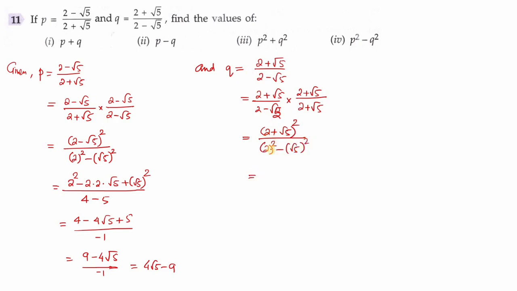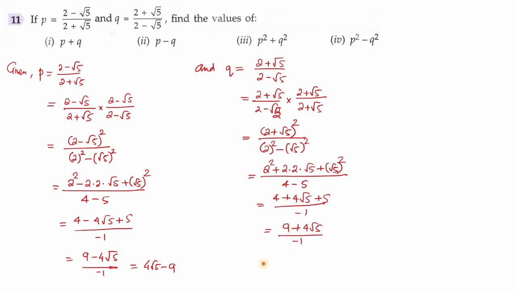So it is a square plus 2 into a into b plus b square, divided by 4 minus 5. Again, as usual, we have 4 plus 4 root 5 plus 5 by minus 1. This time it is 9 plus 4 root 5 by minus 1, which is equal to minus 9 minus 4 root 5. Okay, so we got p and q.